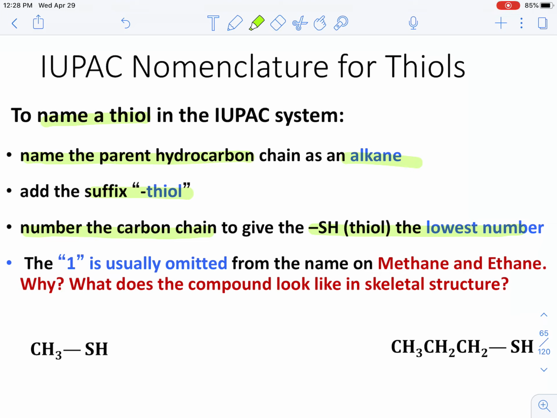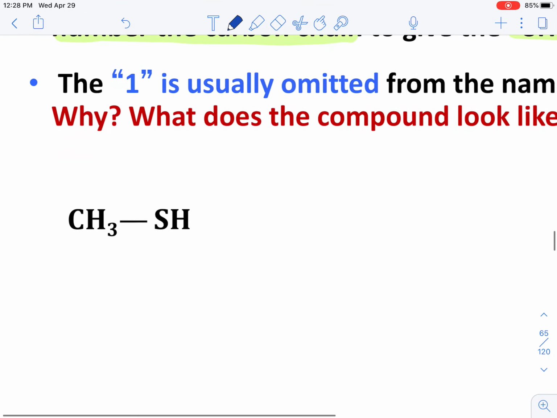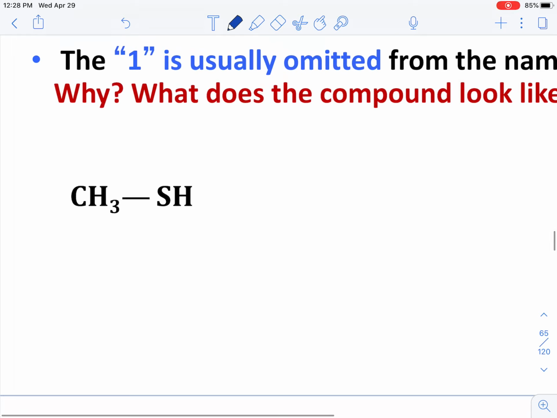There's a couple of exceptions to this, and that's going to be methane and ethane. If you look at the number of carbons in methane and ethane, it's only 1 carbon and 2 carbons. And so this is an example of methane thiol.